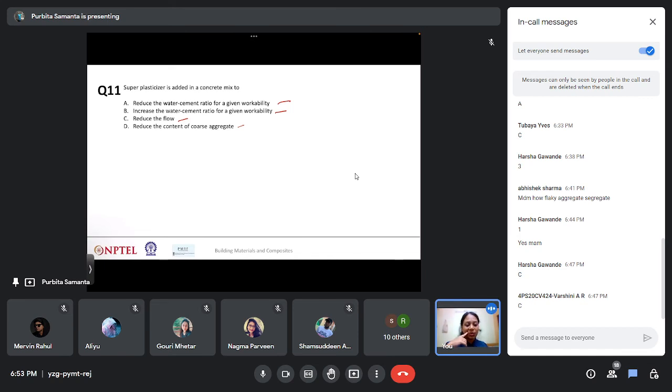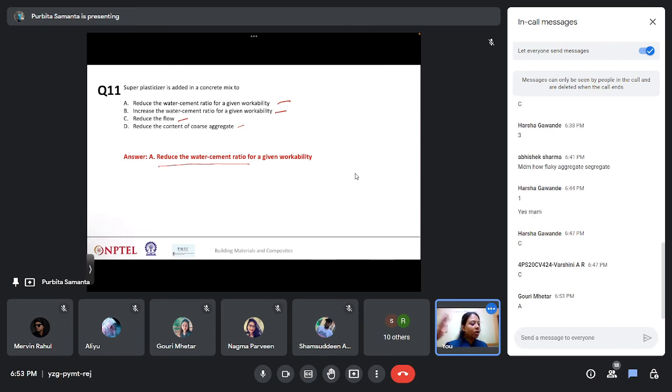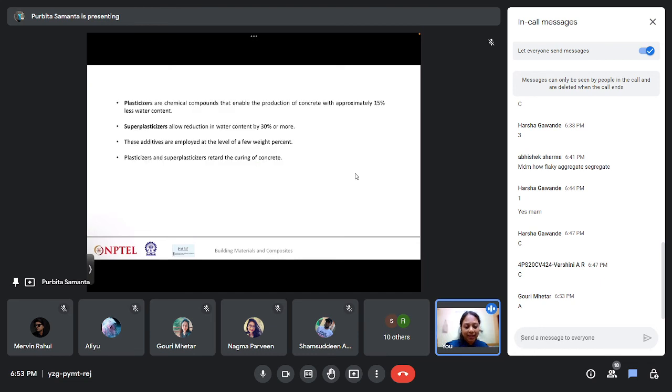The basic use of a plasticizer is to reduce the water cement ratio for a particular workability, yes, absolutely correct, Gauri, and you can achieve that by adding plasticizers or superplasticizers. Both are chemical compounds, and they both enable the production of concrete with a lower water cement ratio.